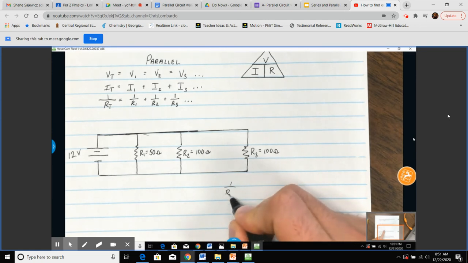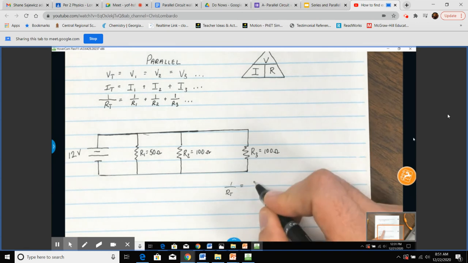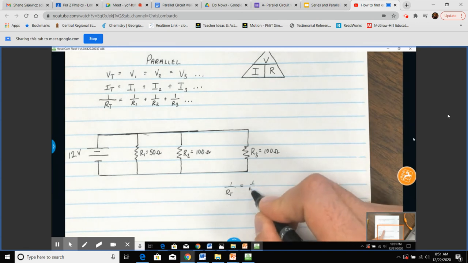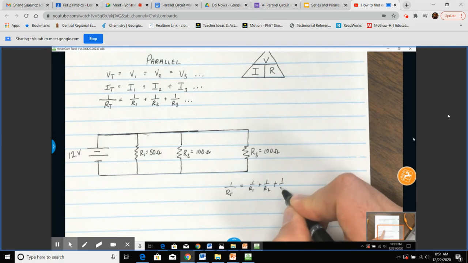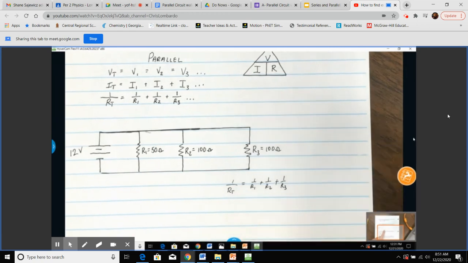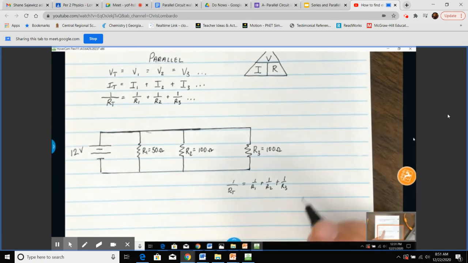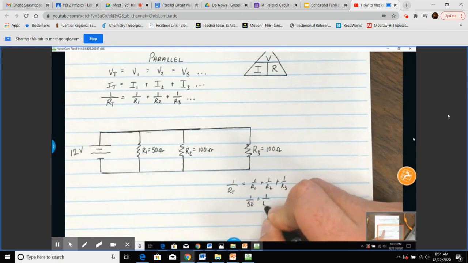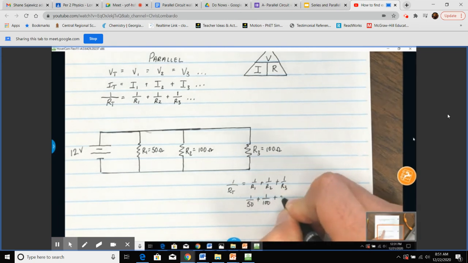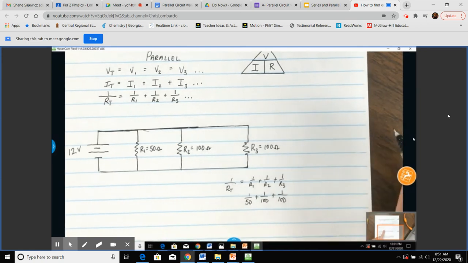Because we have to take the inverse of these things added together, plus R3. Dot dot means if we have more, we're going to do more. So we have 50 as our first one, so I would do 1 over 50 plus 1 over 100 plus 1 over 100.